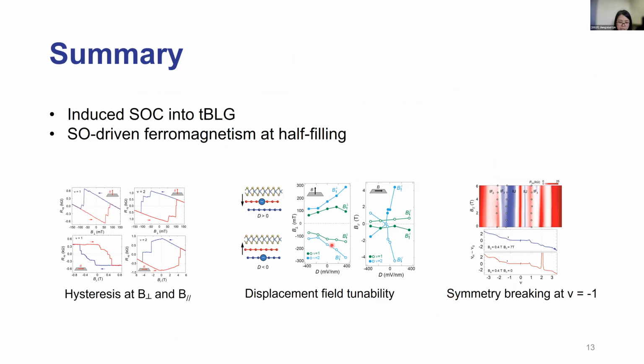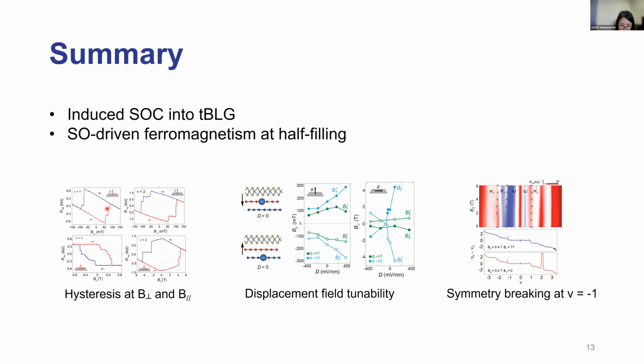To summarize, we induce spin orbital coupling into magic angle twisted bilayer graphene. And this induced spin orbital coupling drives the states at half filling into a ferromagnetic state. We study both the out-of-plane field induced and in-plane field induced hysteresis switching.